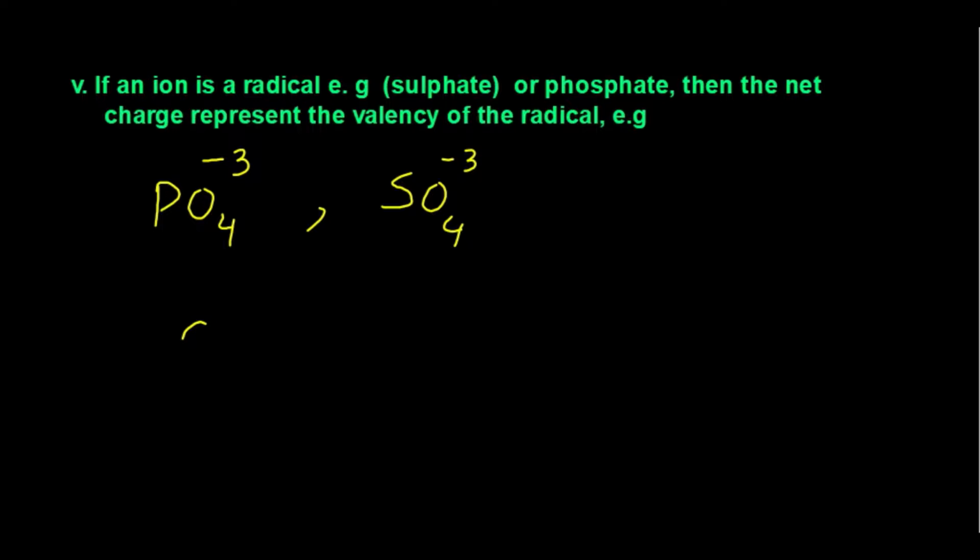Similarly, another example, C2O4 -2, the oxalate ion. It has -2 charge. This -2 charge represents the valency of the oxalate ion.